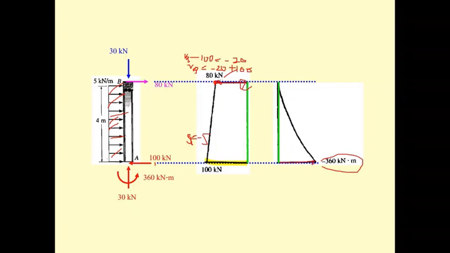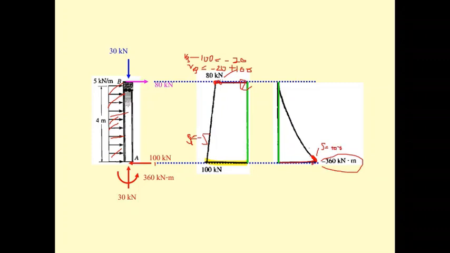And you get this 5 kilonewton meter, and dM/dx equals the slope. Sorry, the slope is going to be 100. So this one is equal to 100.